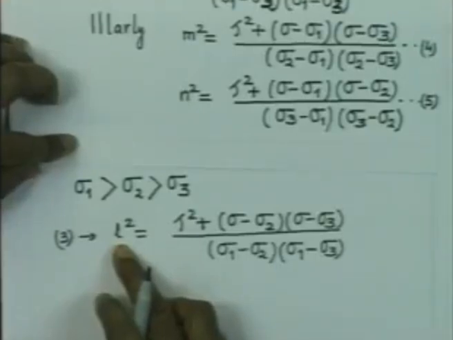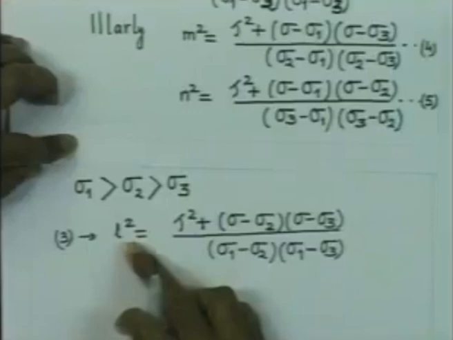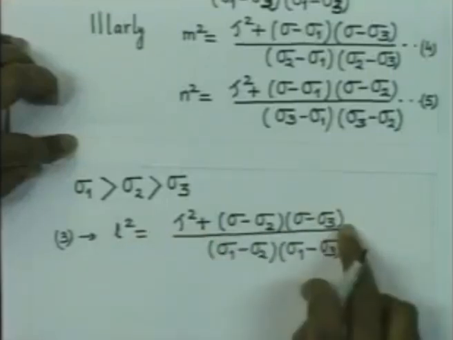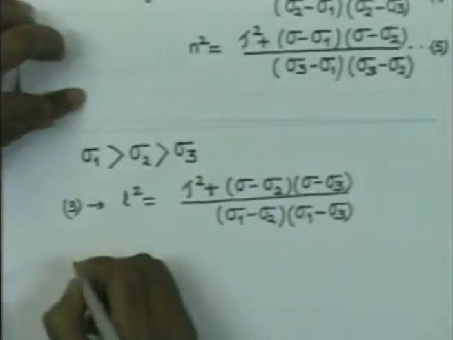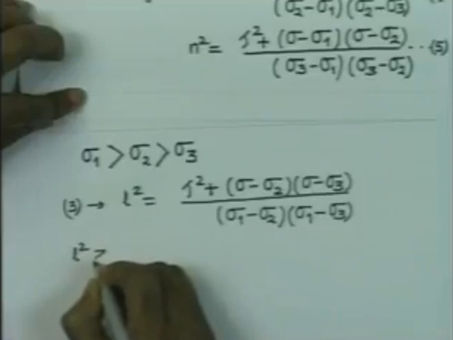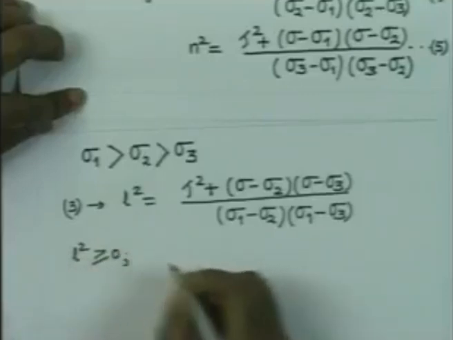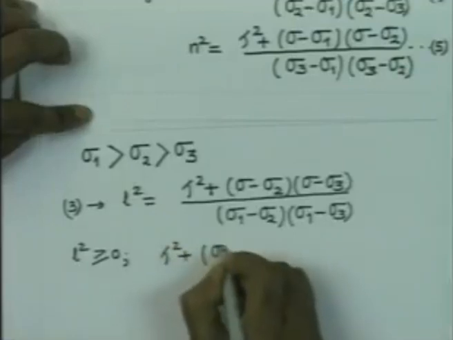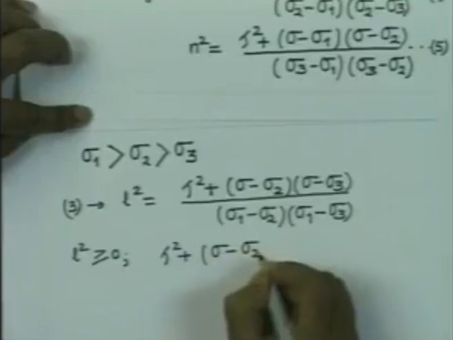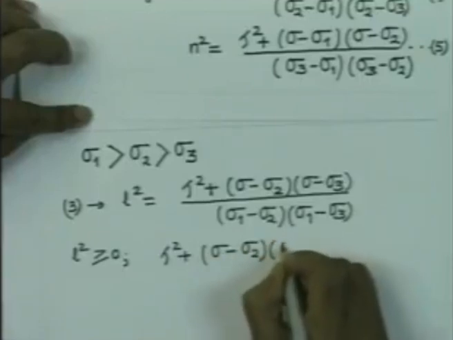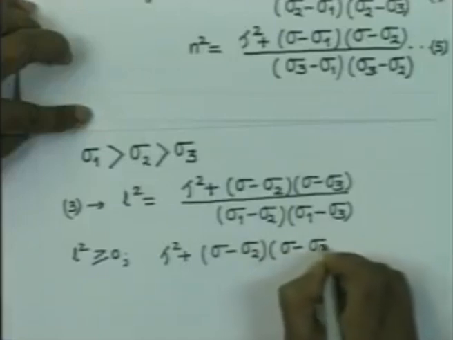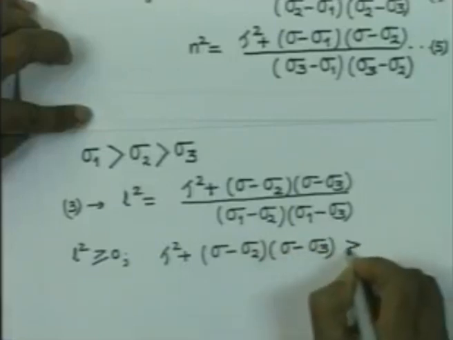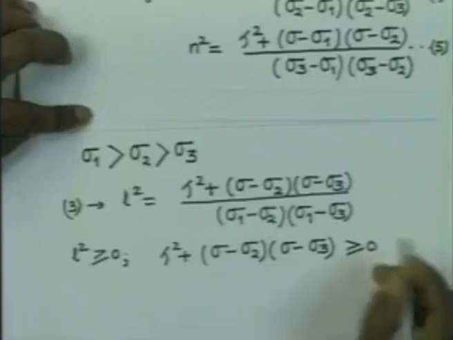So, this quantity is positive. If this is going to be positive, then it means that the numerator here has got to be either 0 or greater than 0. So, from the condition that L square is greater than or equal to 0, we have tau square plus sigma minus sigma 2 into sigma minus sigma 3 is greater than or equal to 0.